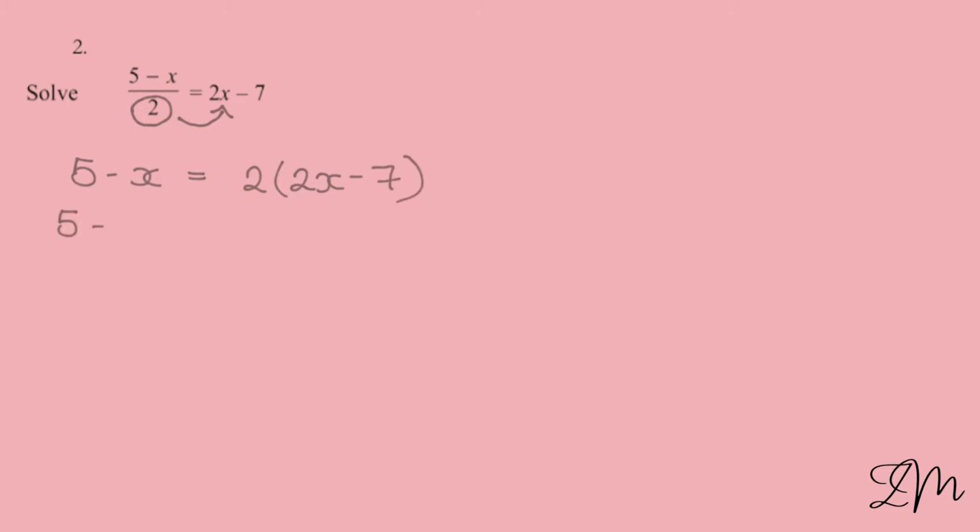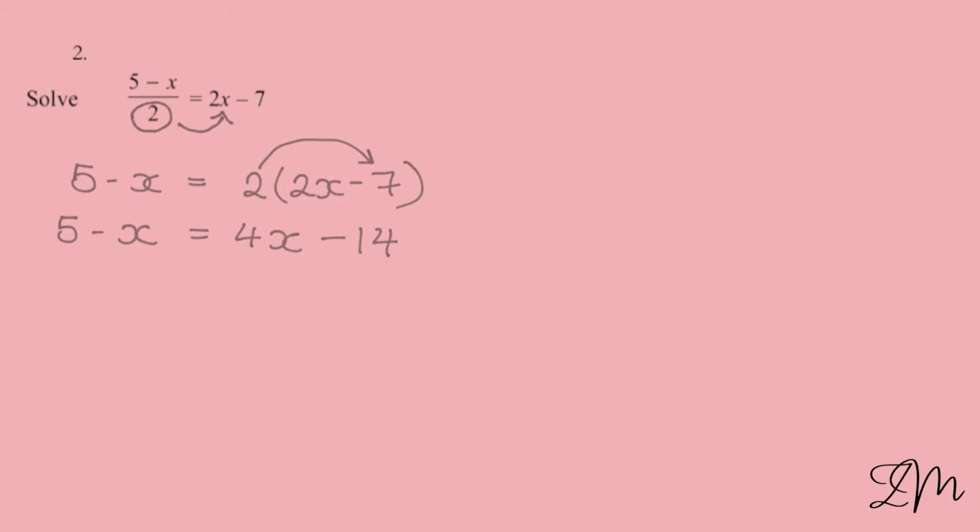Let's open out the brackets. Equals 4x, 2 times minus 7 to give us minus 14. We want all the x's on one side. It's up to you which side you put them on, but let's add x so we don't end up with a negative x. So we'll get 5 equals 5x minus 14.